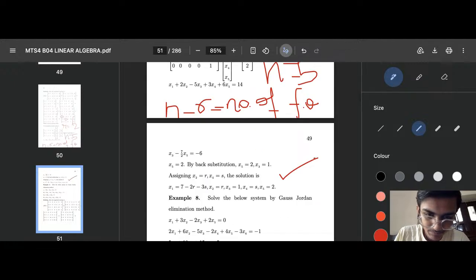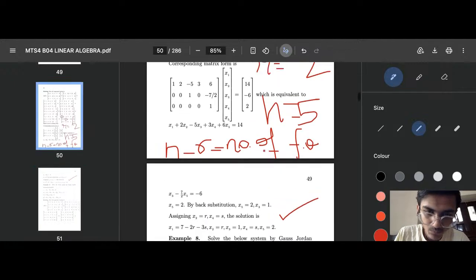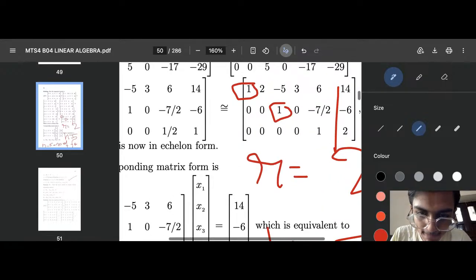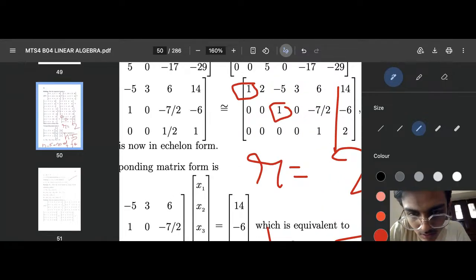Three pivots? Let me recheck. Not really three pivots. I'm not getting three pivots here. Two pivots only.